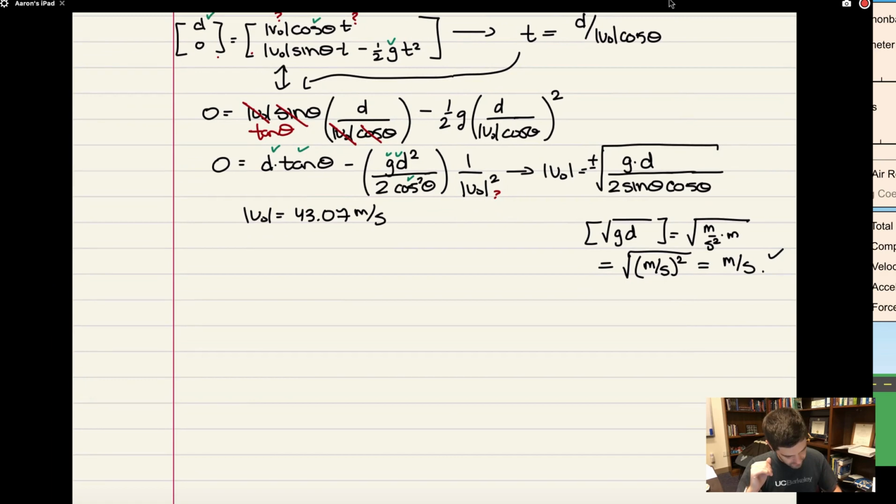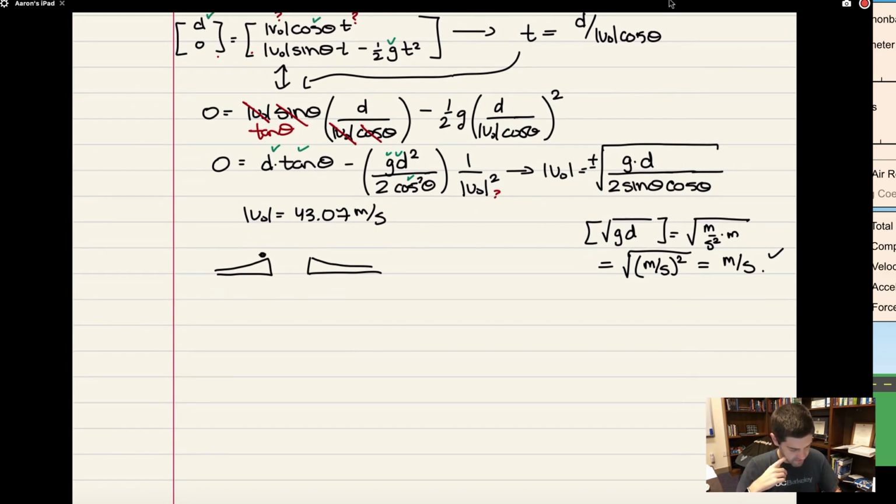So you could use the other kinematics equation, if you wanted to, that they leave this point with a speed of 43.07 meters per second, pointing more vertical, and then when they get back over here, their speed is pointing to the right still, but down.